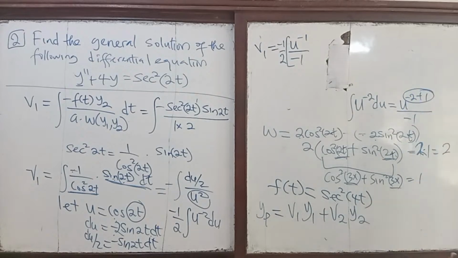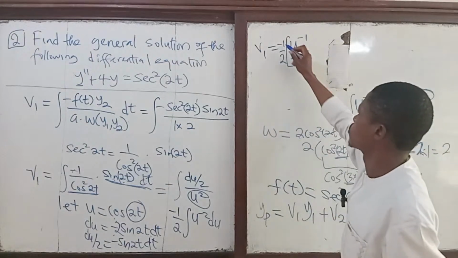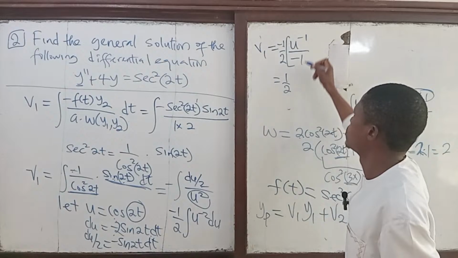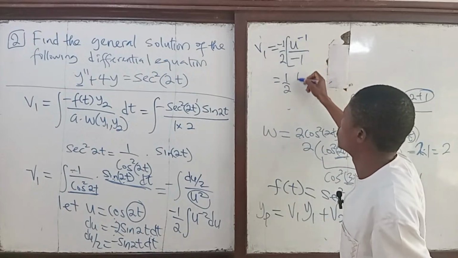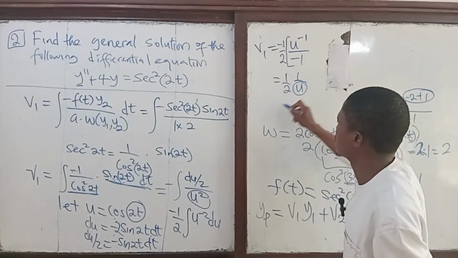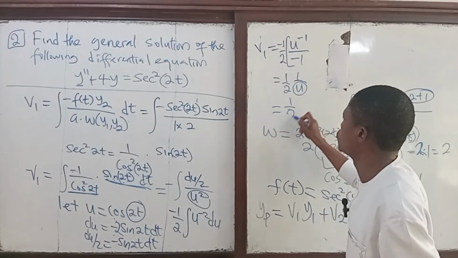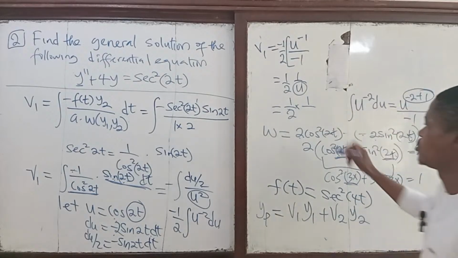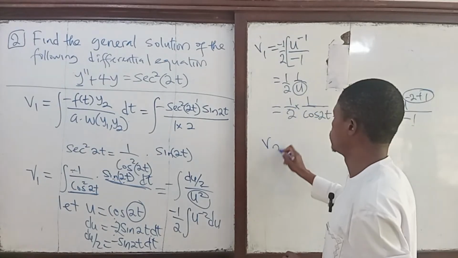That's minus 1, so minus minus will cancel. So we have 1 over 2 times 1 over u. Then we can return the u back: 1 over 2 times 1 over cos 2t.